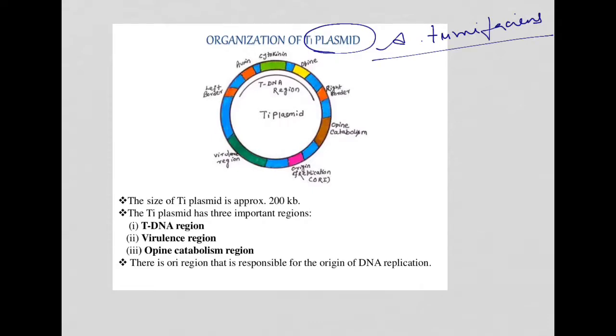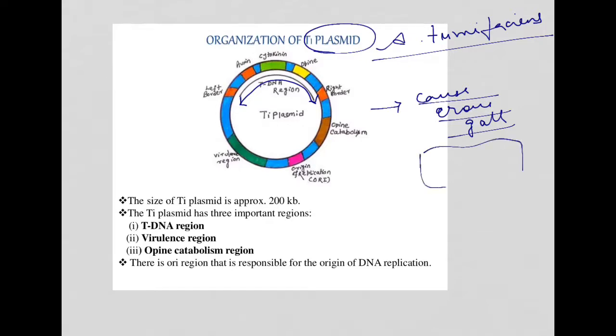It has the T-DNA region that will be transferred in order to cause crown gall disease in the plant. Whenever this gene gets transferred from Agrobacterium tumefaciens into the plant cell, the plant starts developing a lot of tumors and its growth, like shooting and rooting, is inhibited. So let's see how it is done.